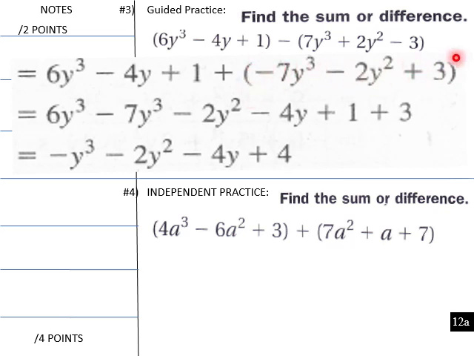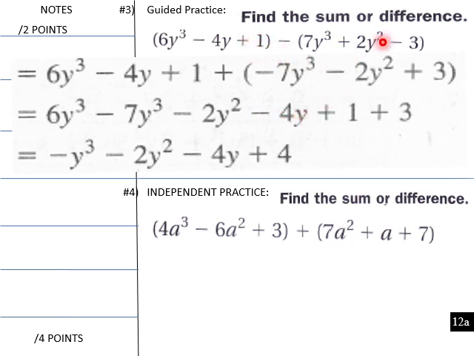Now we're going to drop our parentheses, and then we're going to group like terms. So we have 6y cubed, and then minus 7y cubed. We move these two together. And then negative 2y squared, which is here. We don't have a y squared over here, so it's just negative 2y squared. And then minus 4y, we don't have a y over here, so it's just negative 4y.